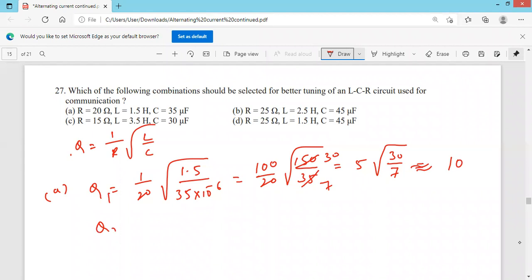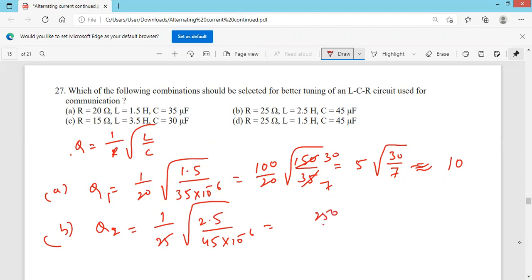Next, Q2 for the second one. Q2 is 1 by 25 into square root of 2.5 divided by 45 into 10 power minus 6. Take the minus 4 outside, and the minus 2 comes up to the numerator, multiply, it's 250. It's 250 by 45 under the square root. 100 by 25 is 4.